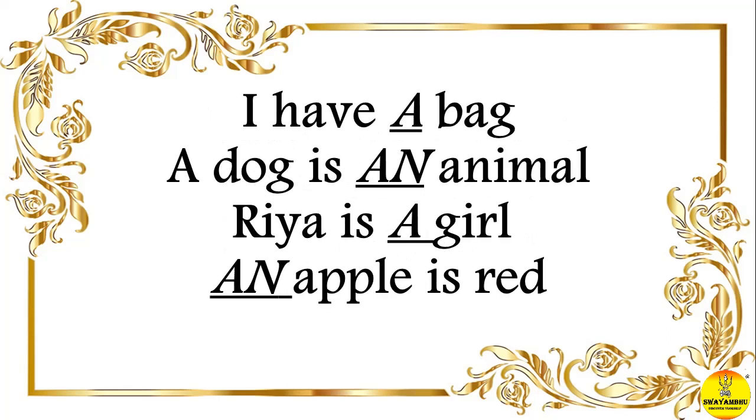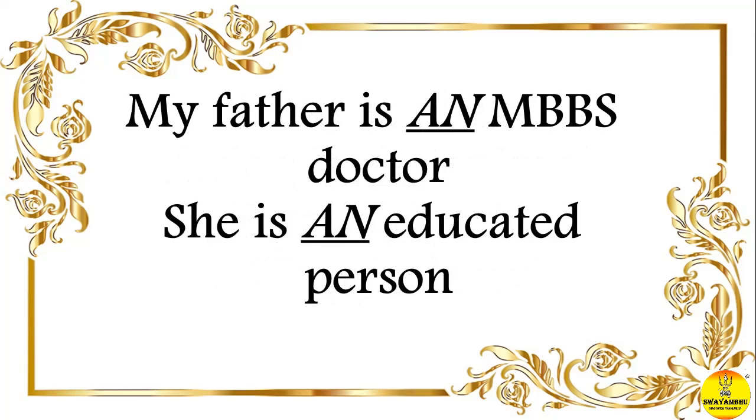I have a bag. What about the dog? A dog is an animal. Ria is a girl. An apple is red. My father is an MBBS doctor. She is an educated person.